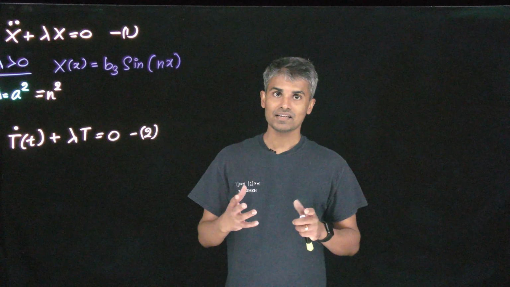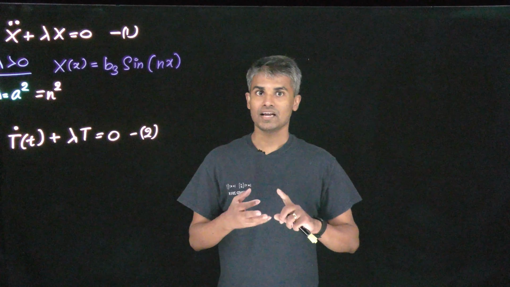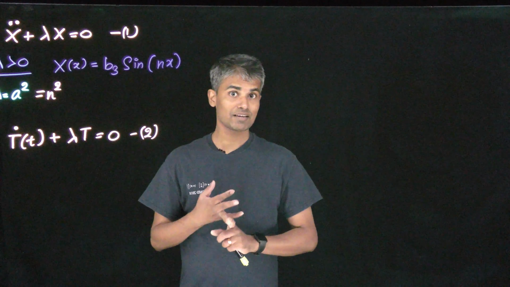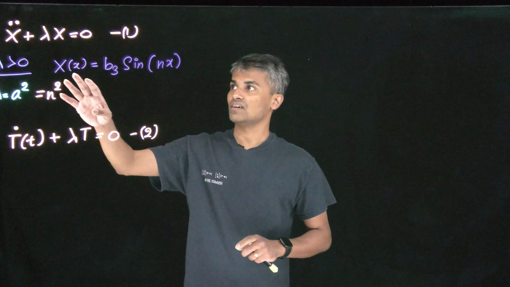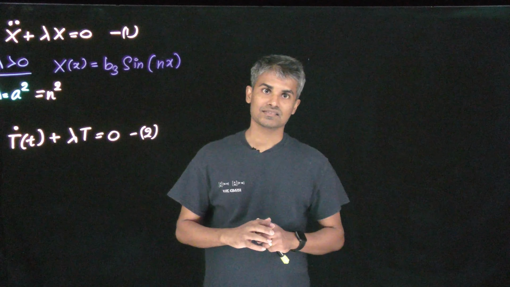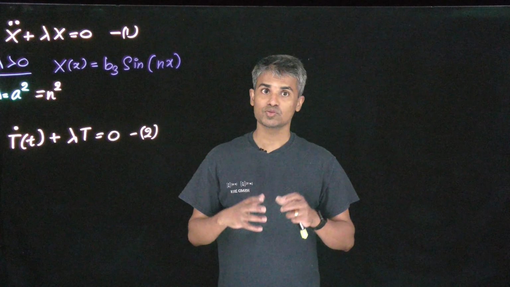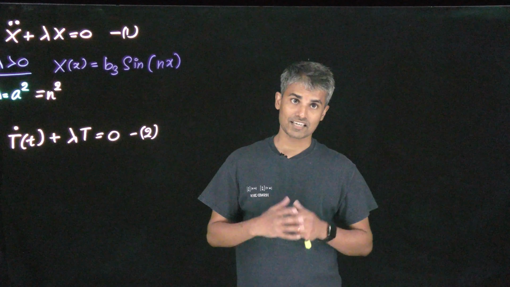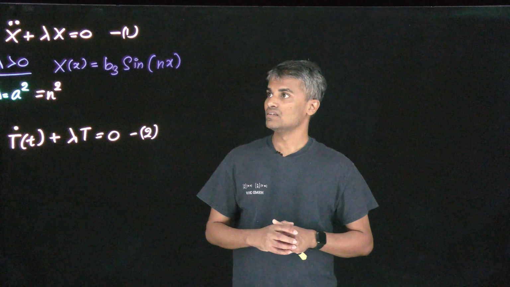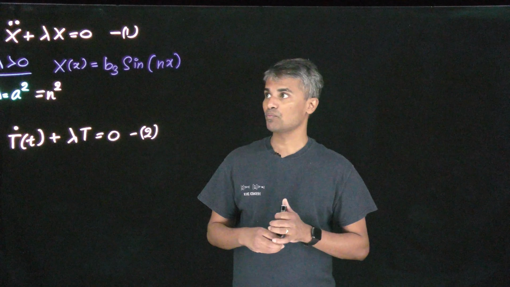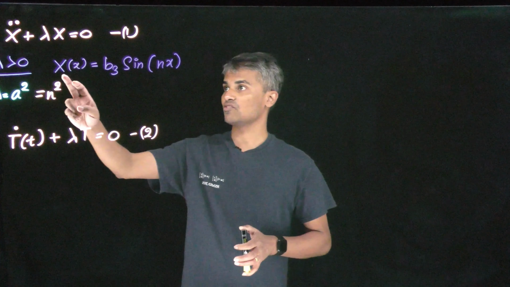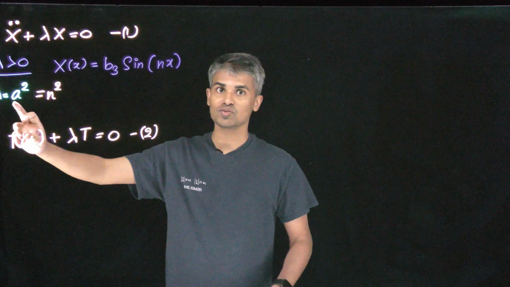And it turns out that when lambda equals 0 and when lambda becomes a negative number, big X of x equals 0.